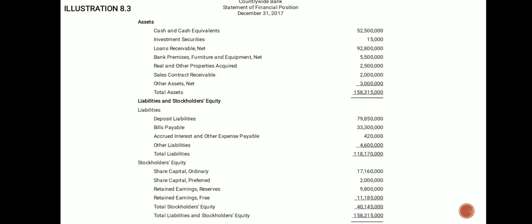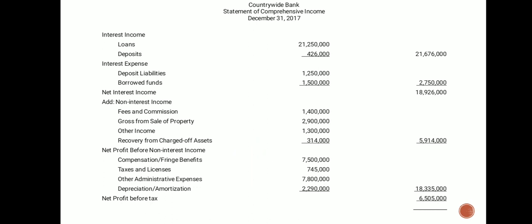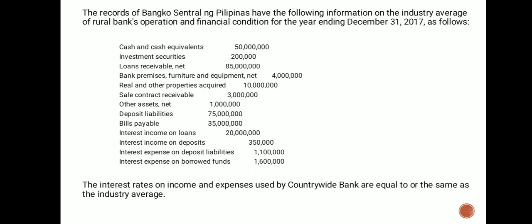Okay, we have here some example. So we have here first the statement of financial position of Countrywide Bank dated December 31, 2017. We also have Statement of Comprehensive Income for the year December 31, 2017.